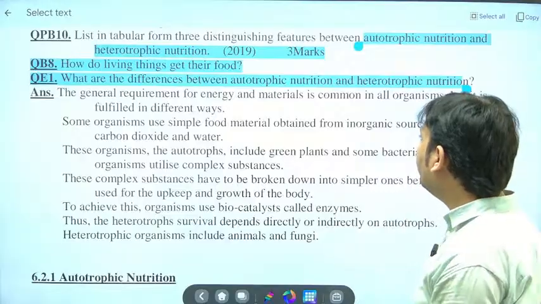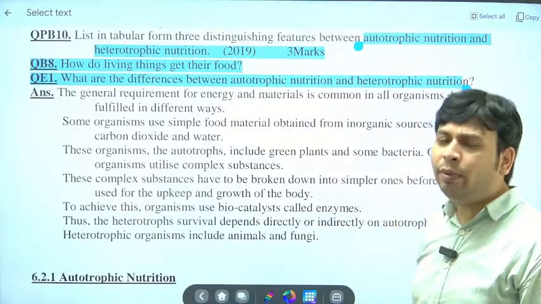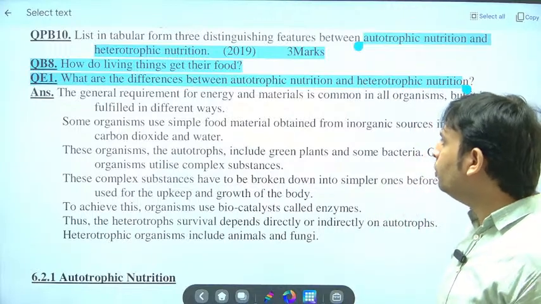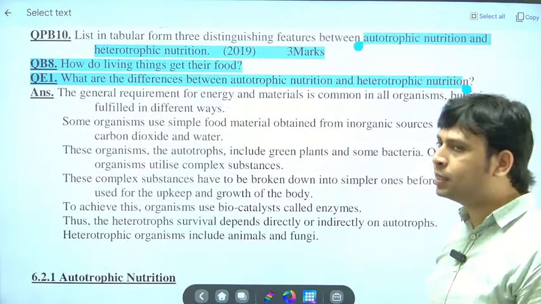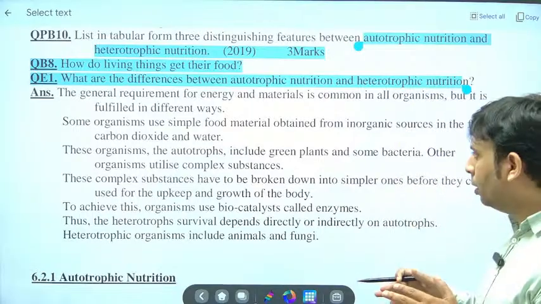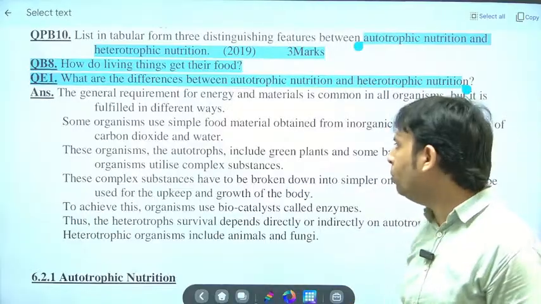The general requirement for energy and material is common in all organisms, but it is fulfilled in different ways. Some organisms use simple food material obtained from inorganic sources in the form of carbon dioxide and water. These organisms are the autotrophs. Which organisms are called autotrophs?